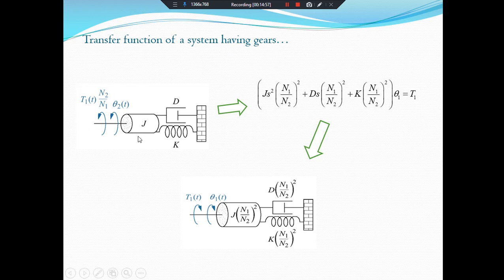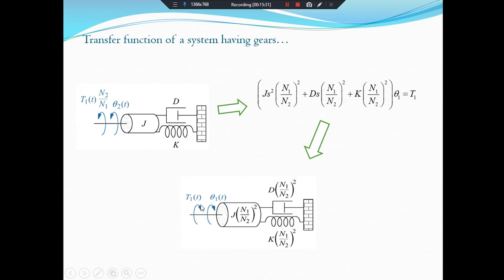The transfer function of the system with gears. This was our equivalent diagram, and we redraw it here: T1 is applied on the output and theta 1 is given by this equation. After transferring the load or torque from the input torque to the output, we draw this diagram, and by solving this equation we can redraw it again in this form.